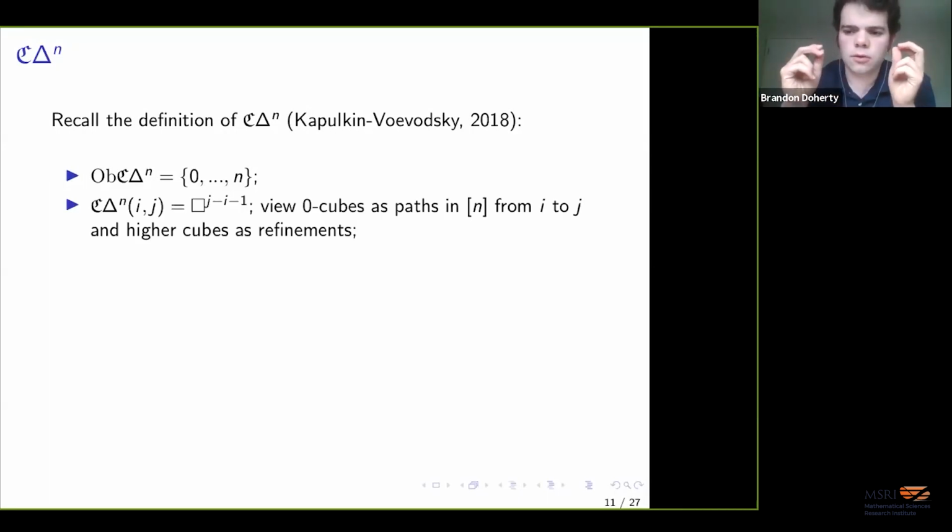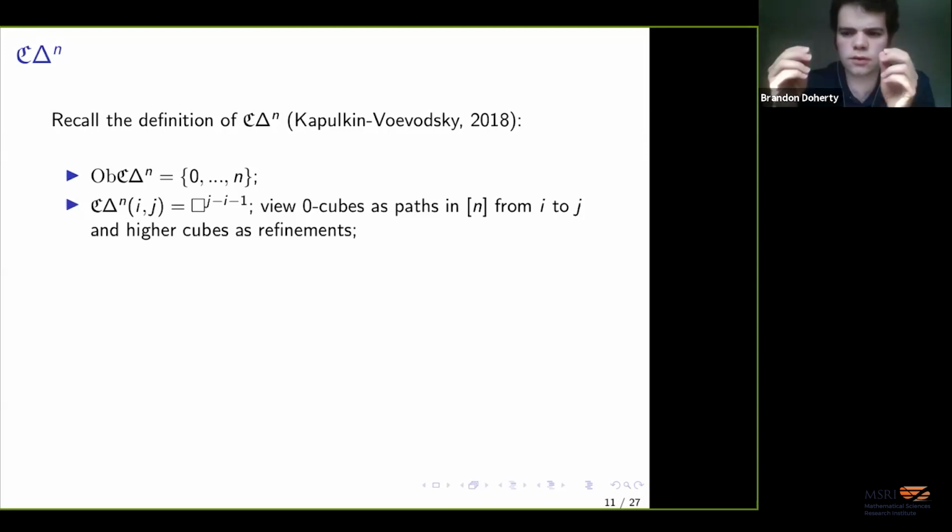And the cubical mapping space from i to j is the standard (j minus i minus 1)-cube, or just delta 0 in the case i equals j, or empty if i is greater than j.